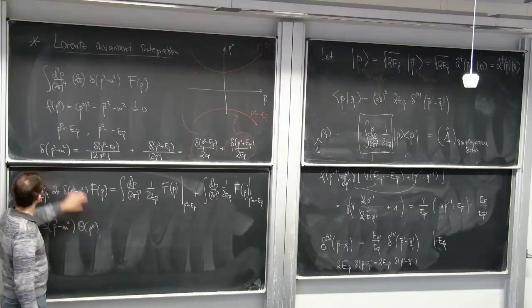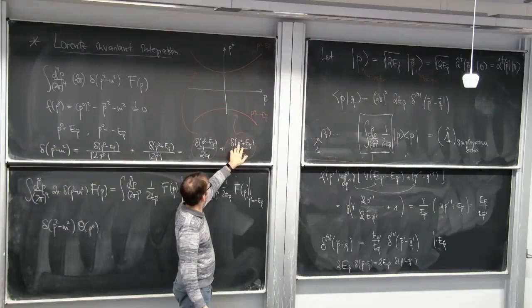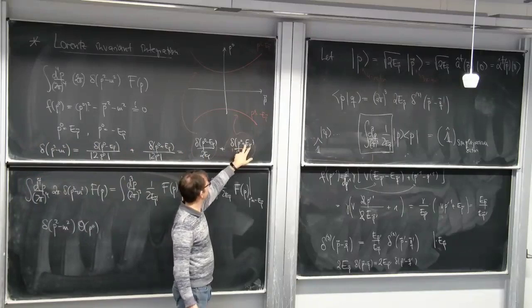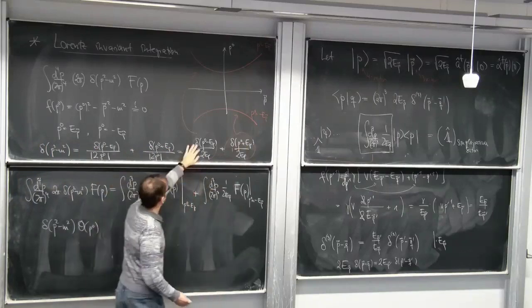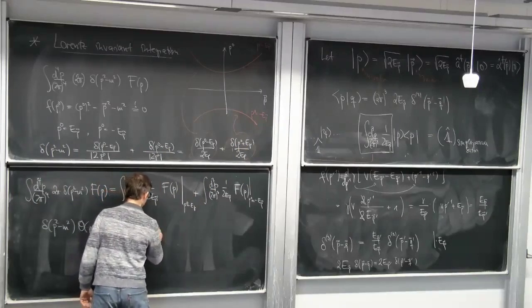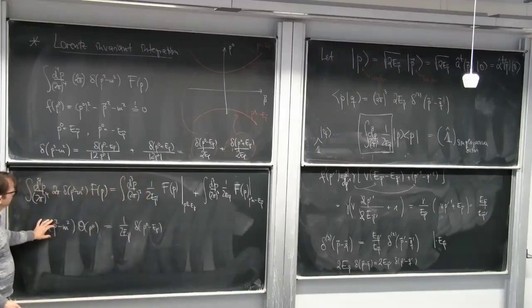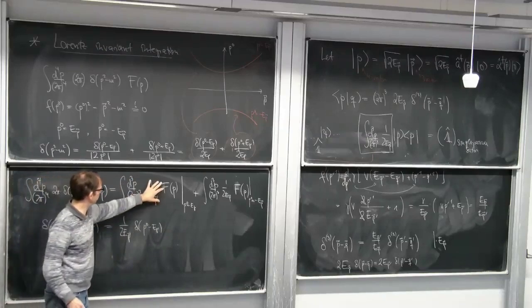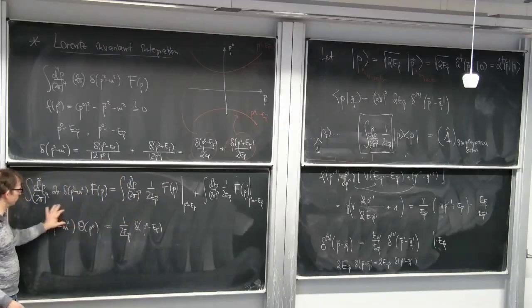And now multiplying this with this thing here, it kills the second term because that wants p0 to be negative E. E is always positive, so this wants p0 to be negative, conflicting with this, so it's 0. And we are left with that only. So it's 1 over 2E_p delta p0 minus E_p. So we can also just have the first term. The first term is equivalent to this thing.